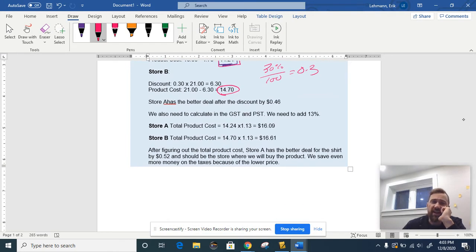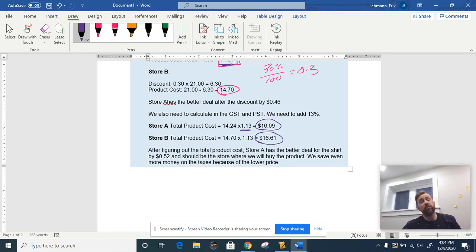When we add tax, this is something we're pretty good at because you did a whole assignment on that already. Total product cost is $14.24 times 1.13. Remember, 1.13 is 100% of the price plus 13%. So the after-tax price at store A is $16.09, and the after-tax price at store B is $16.61.